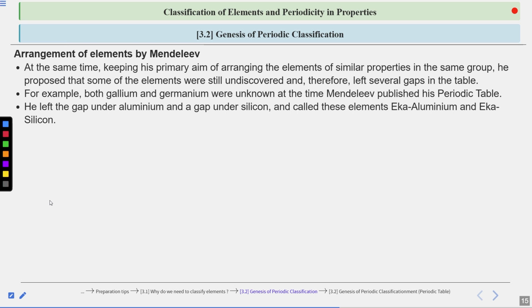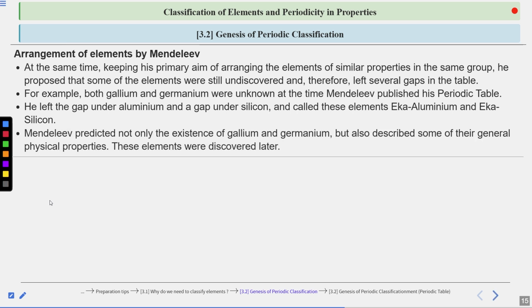He left two gaps for the undiscovered elements, gallium and germanium, and he named them Eka aluminium and Eka silicon. He also predicted the properties of both elements without doing any experiments on them, based on the elements that were already present in that line. So this was the greatest discovery of his table.